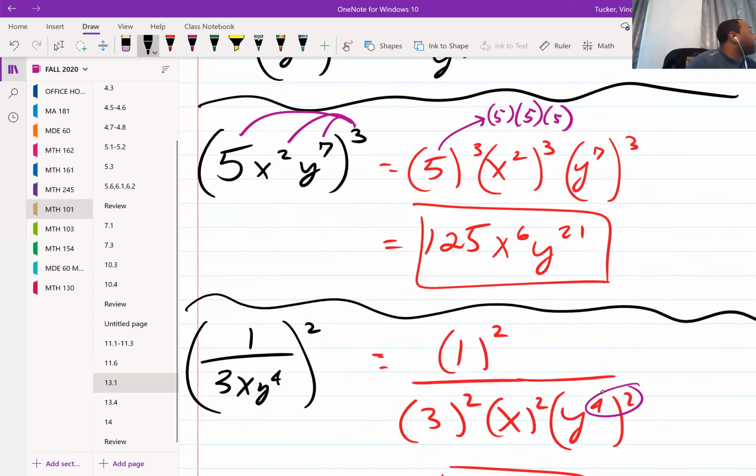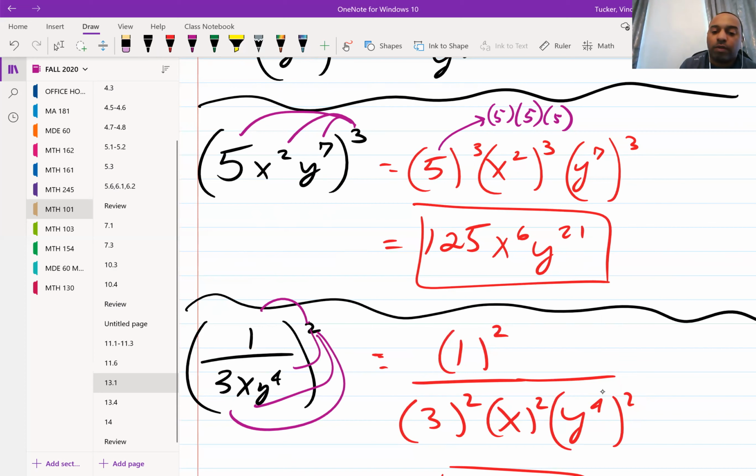All right, next one. y over 3x to the 3xy to the 4th, squared. So that squared needs to hit each term in the parentheses. So that's why we have on this right side 1 squared over 3 squared x squared y to the 4th squared.